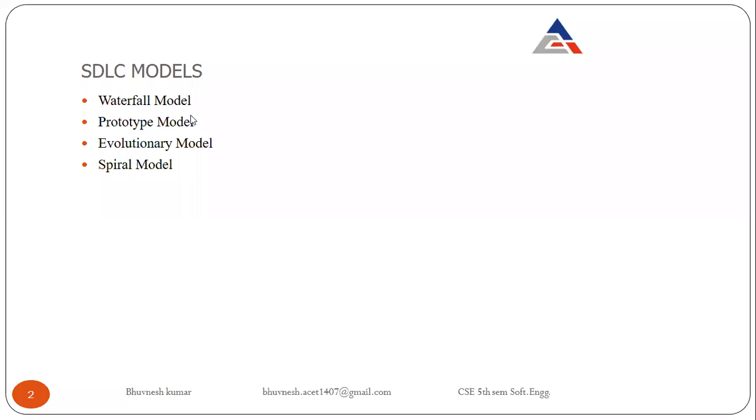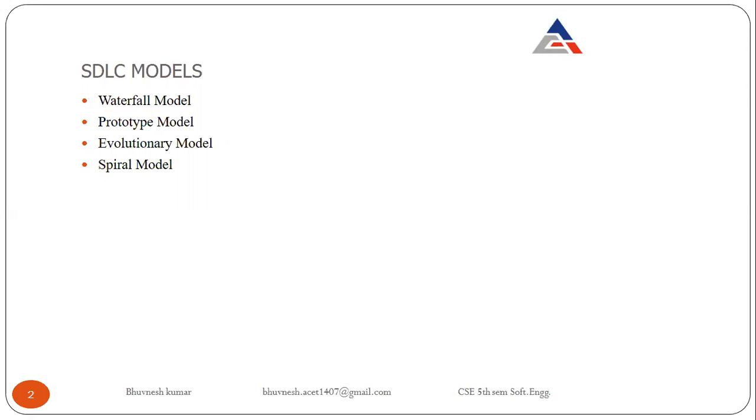The first model is the waterfall model. Why the name waterfall is given to it, we will study. Then next is the prototype model. Prototype is also known as the toy model, throwaway model, or dummy model. Why the name prototype is given to it, we will study.